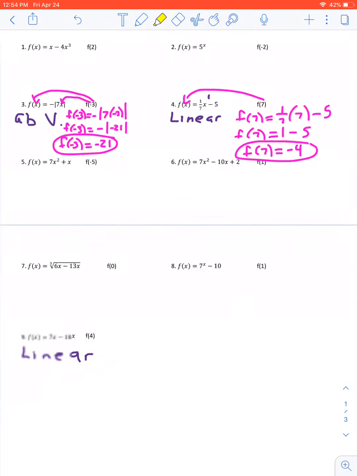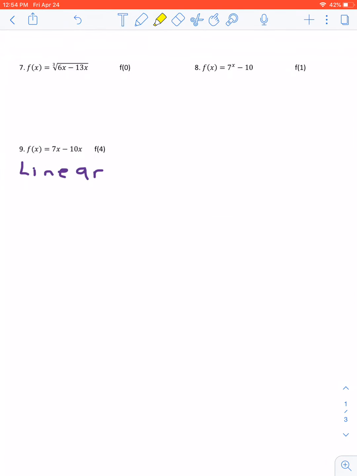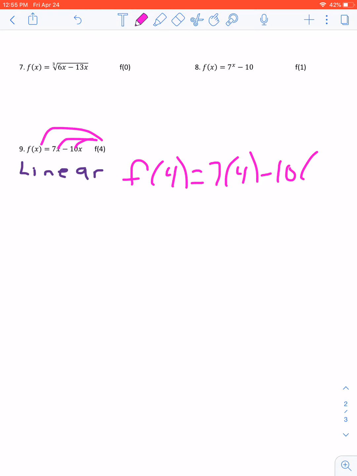Okay? Let's do one more, and then I want you to make sure on the homework you're evaluating and identifying linear and absolute values, and don't go any further than that today. So on this one, there's f of 4, so I'm going to plug it in for every x. So I end up with f of 4 equals 7 times 4 minus 10 times 4. Now there's a couple different ways to do this problem.